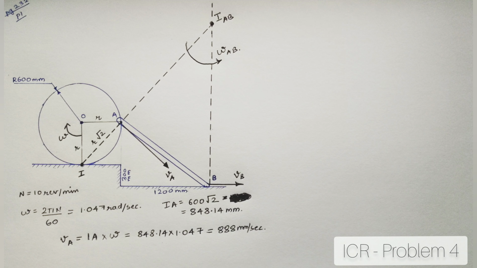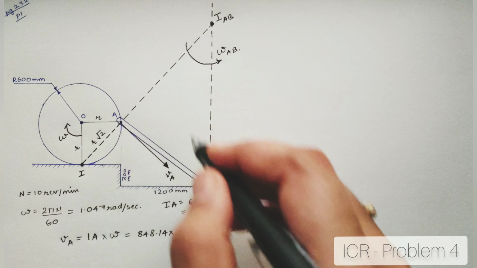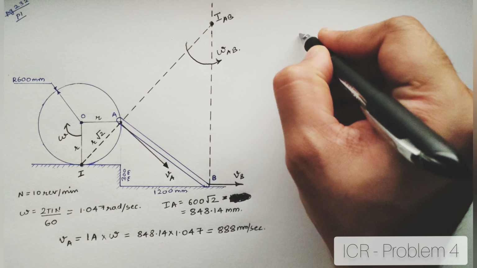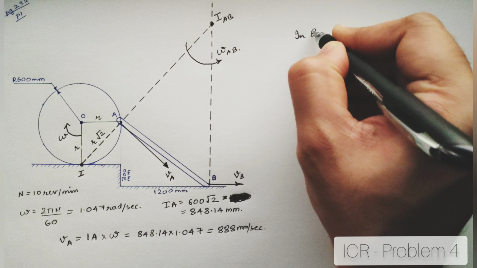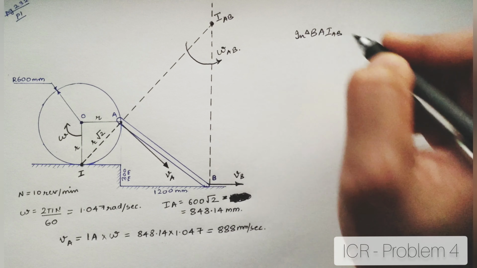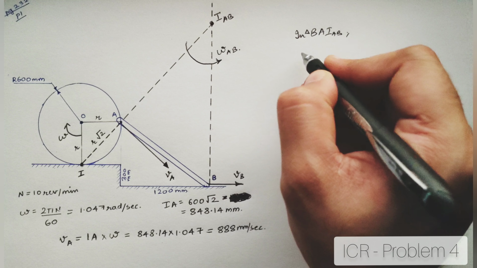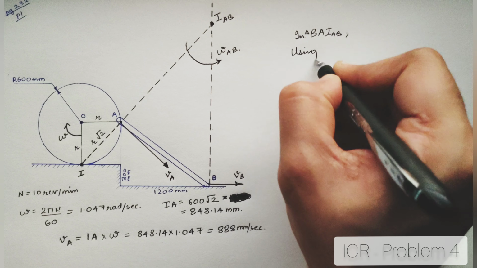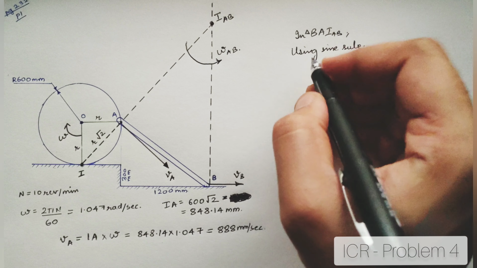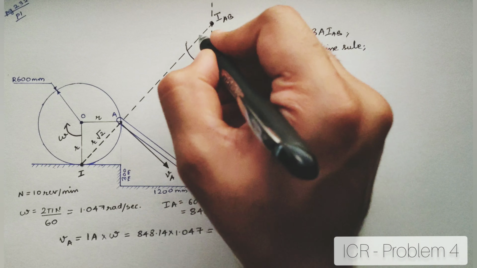So let me consider this particular triangle, AIB. I'll name it BAIAB. In the triangle BAIAB, I can use the sine rule. Using the sine rule, I can write AB upon the sine of this angle.